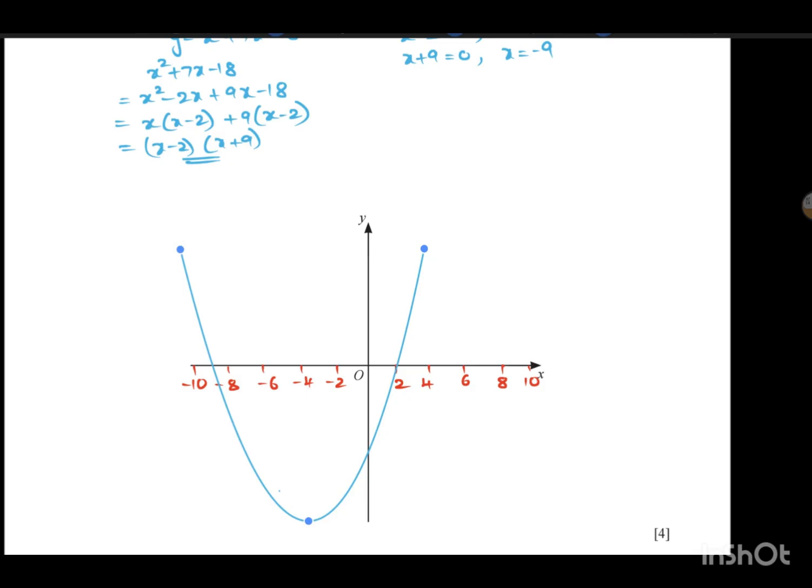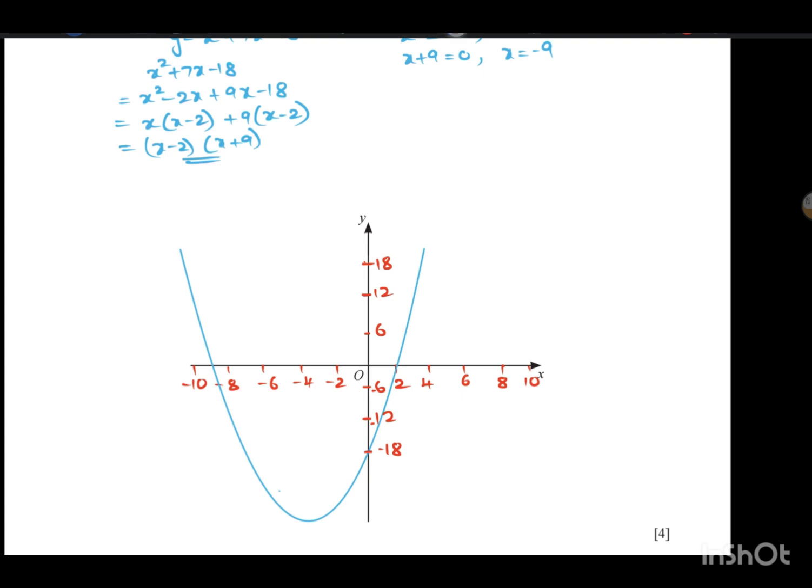Now you see that the y-intercept is minus 18. When you see the expression here, it is minus 18. So your marking should be minus 18. So you can take 6 and 12, minus 6, minus 12. Same way, 6, 12, 18, something like this you can write. So this is the way you can draw the graph and show the markings here.